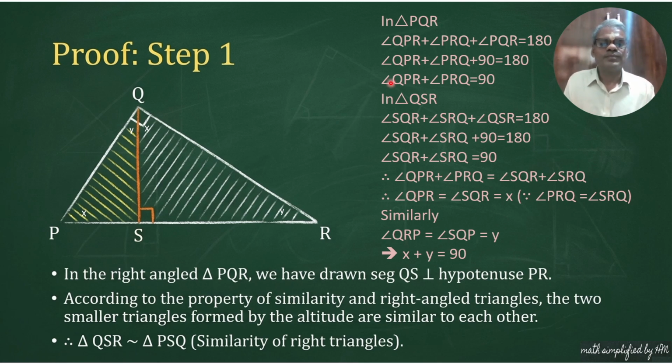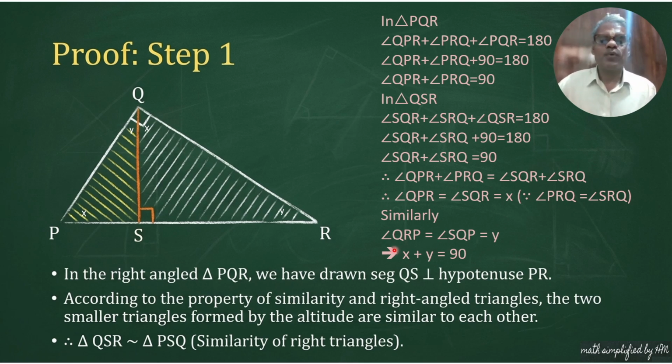Therefore, from this we get angle QPR plus angle PRQ is equal to angle SQR plus angle SRQ. This gives us angle QPR is equal to angle SQR, say it is equal to X, because angle PRQ is equal to angle SRQ.